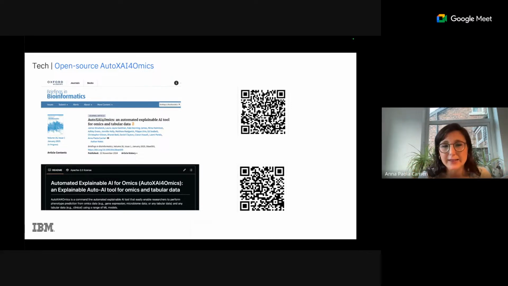They can even be clinical data, but you can get this tool, you can run it, use some config file in a completely automated way, and you can run several classical machine learning methods: random forest, neural network, XGBoost, support vector machine. There are a few options to do a prediction task that can be classification or regression, depending on your problem, and then you can also generate explainability results.